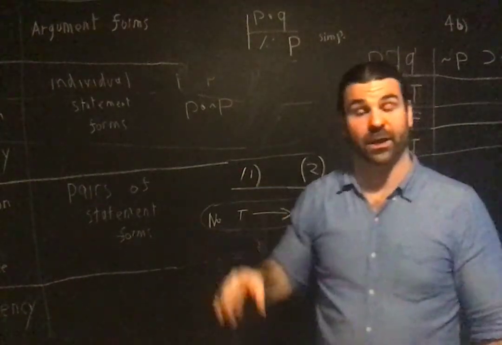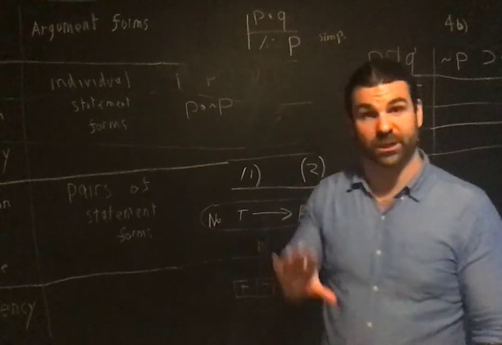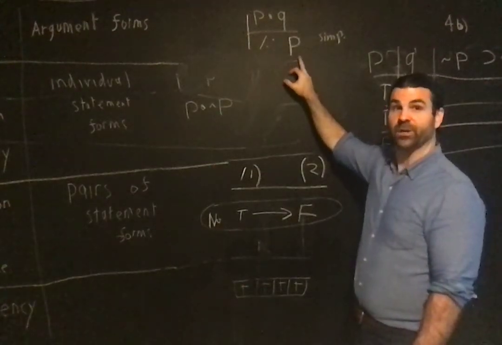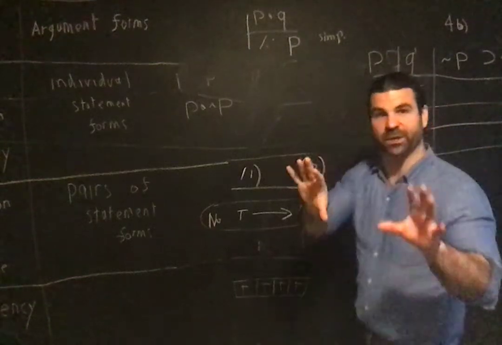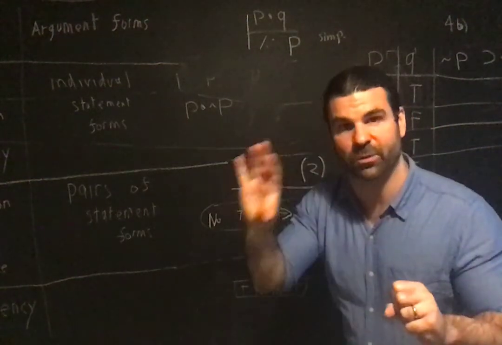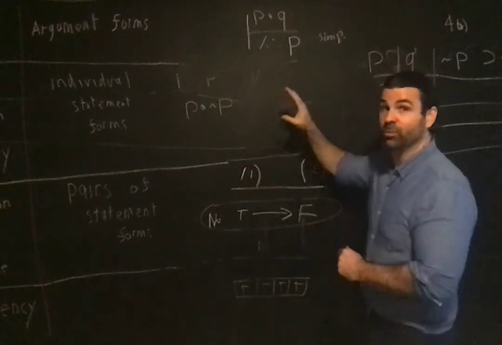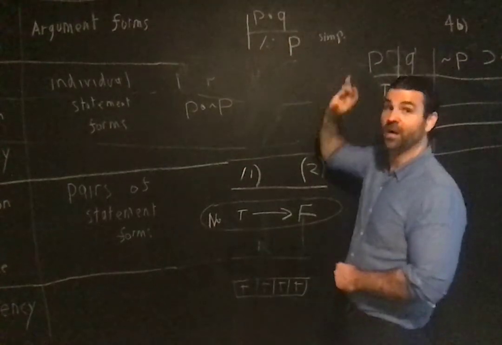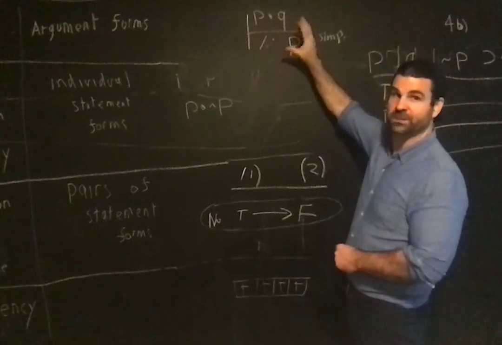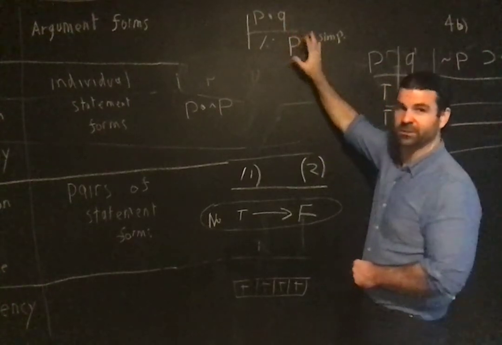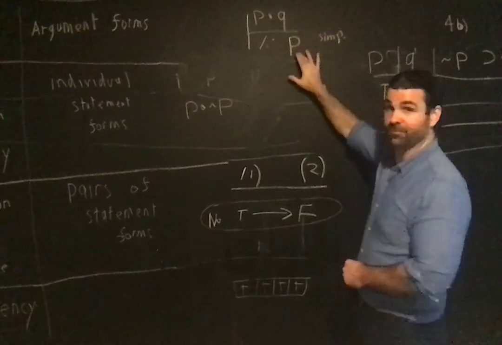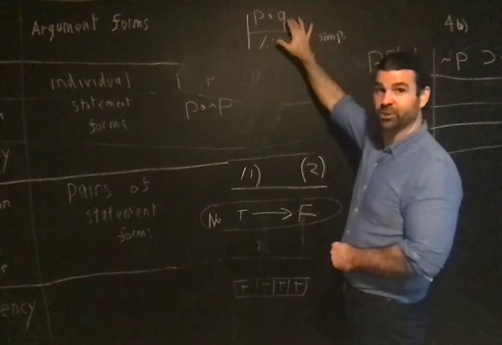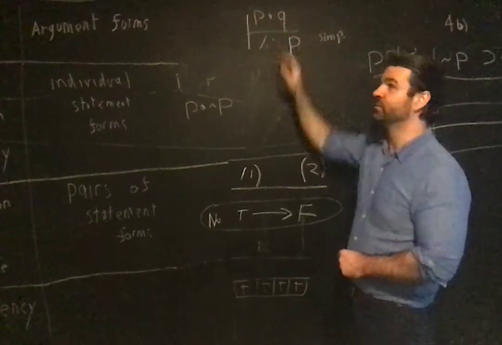Which is why you are not allowed to do what I said you could do for the replacement rules. For the replacement rules, you could go from an instance on the right-hand side to the left-hand side. Rules of inference, you can't. You're entitled to go from an instance of the premise, in this one-premise rule, to an instance of the conclusion, but you're not allowed to go from an instance of the conclusion to a substitution instance of the premise.